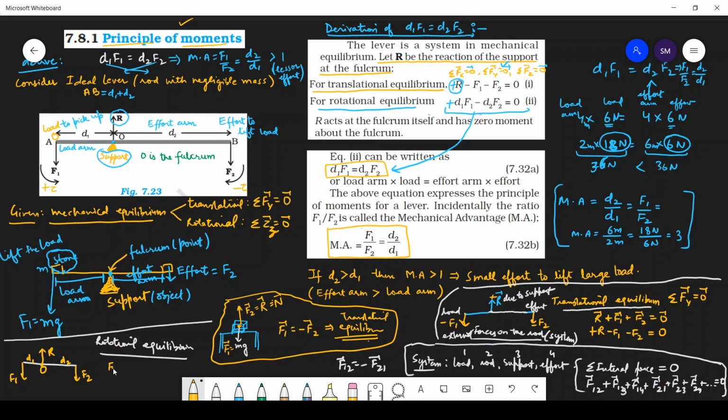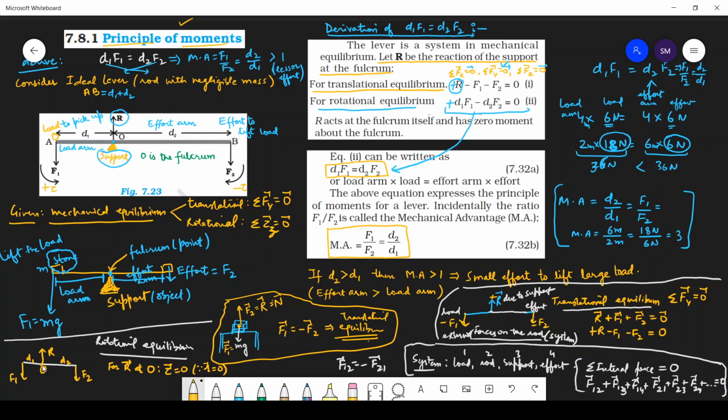So for R at O, tau will be 0. Why? The perpendicular distance is 0. Will there be any torque due to R at O? No, sir.